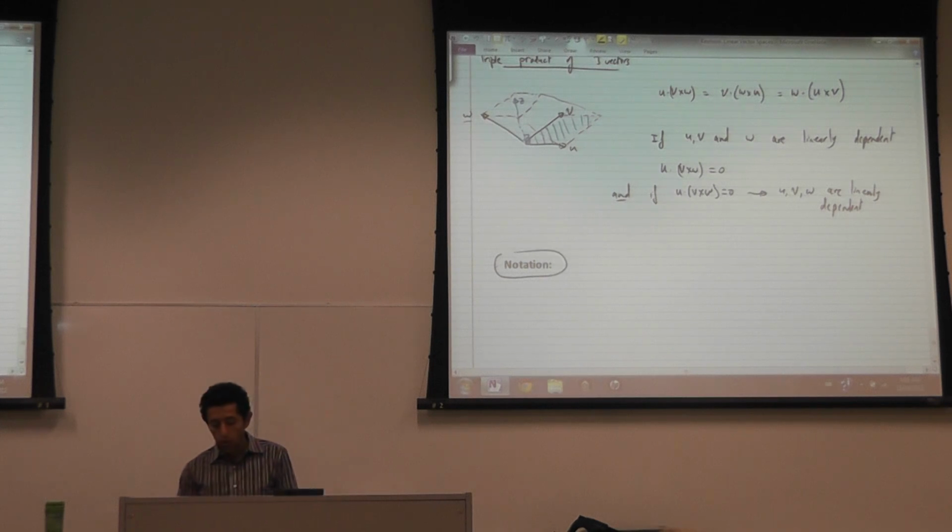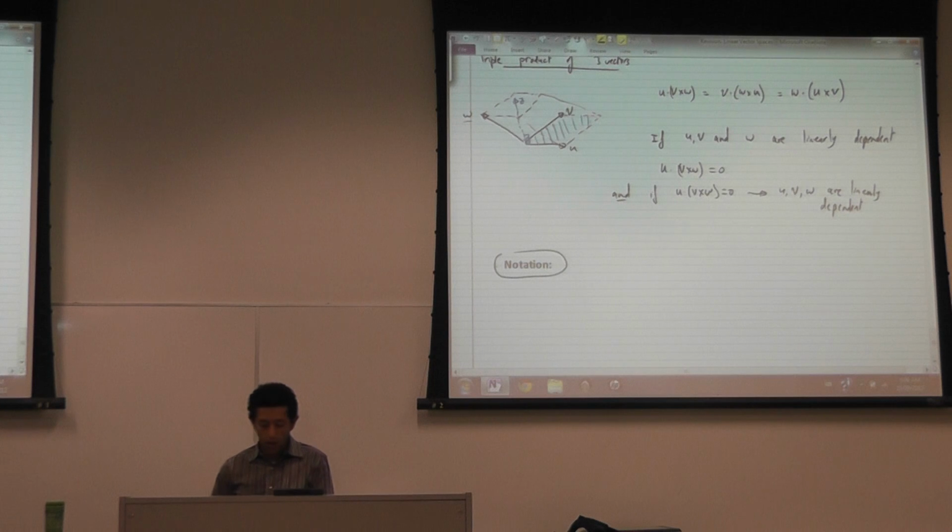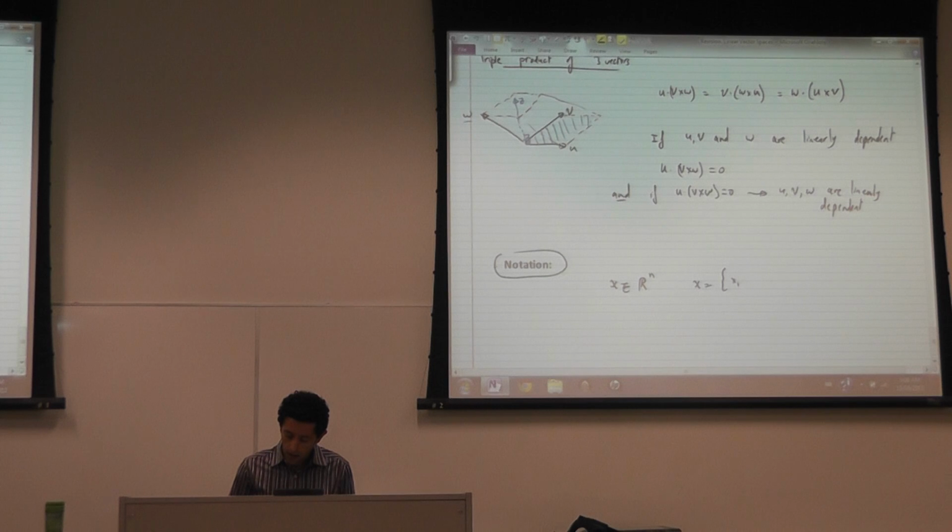Notation. So throughout the course, if x is in Rn, I can present x like this, or I can present it like this.